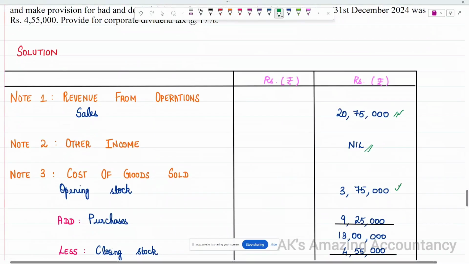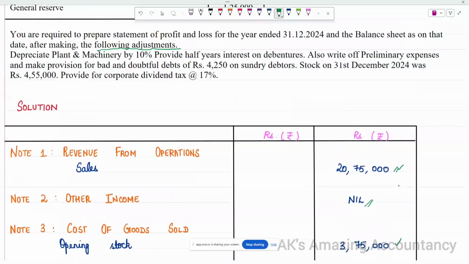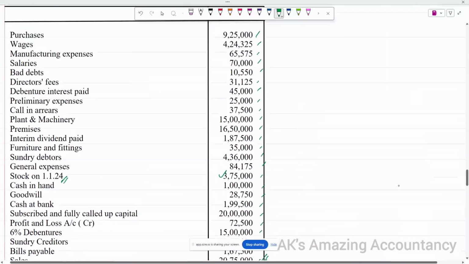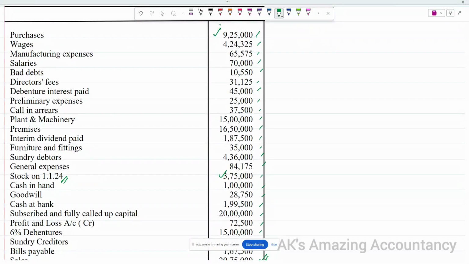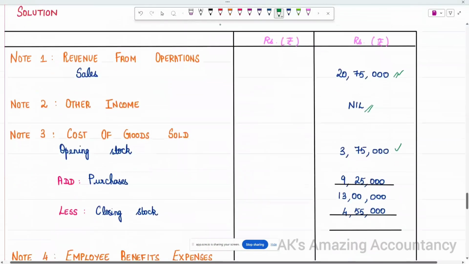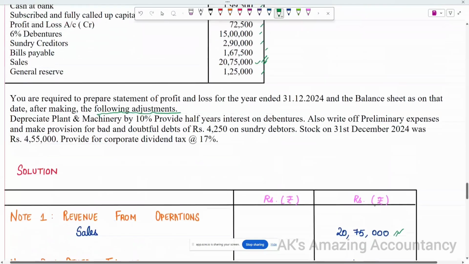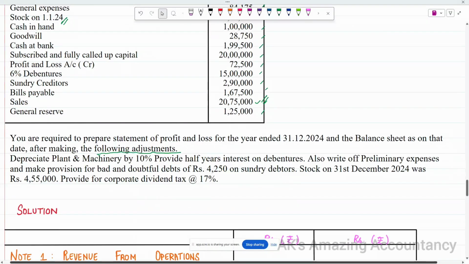With that, you will be adding purchases, then you will be deducting the closing stock. So let us see how much is given as purchases. The very first item itself is purchases only. Purchases is 9,25,000. So with opening stock, let us add purchases 9,25,000. So you will be getting 13 lakhs. Okay. From that, you have to deduct the closing stock. So closing stock is the stock which is given in the adjustment. Closing stock that is given in the adjustment is 4,55,000.